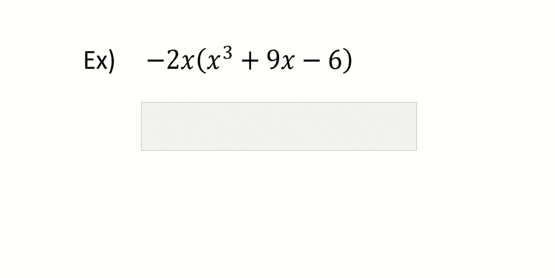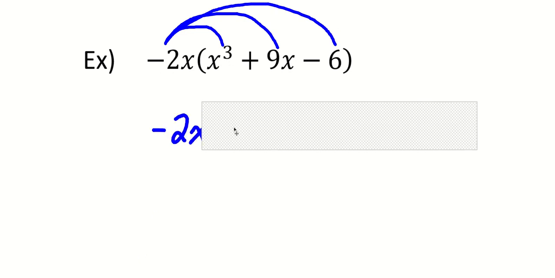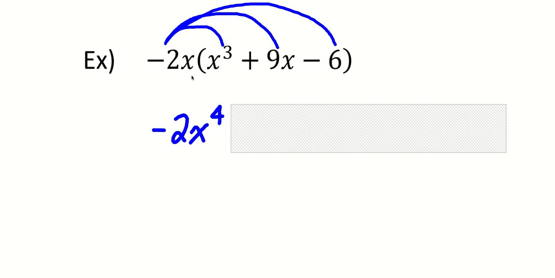And I bet it's going to be the same thing here. But okay, this might be something some of you are prone to mess up, unfortunately. So here we're distributing a negative 2x. Okay, we're distributing something with a negative. So what's negative 2x times x to the third? Negative 2x to the fourth. Okay, the negative 2 along with x to the first times x to the third.